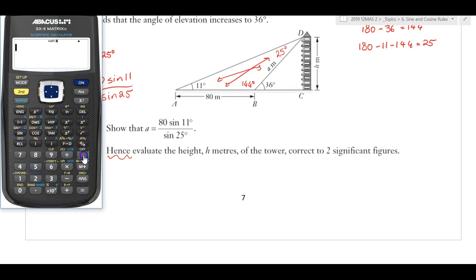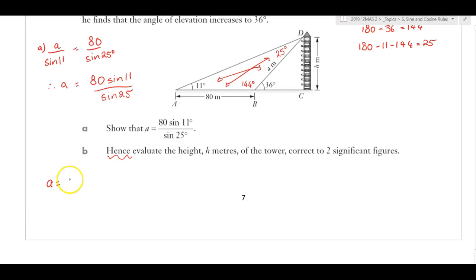It doesn't like that. 80 sine 11, put a bracket on there, over the sine of 25, and my close bracket. There we go. It is about 36.119 metres, thereabouts, to the nearest millimetre.